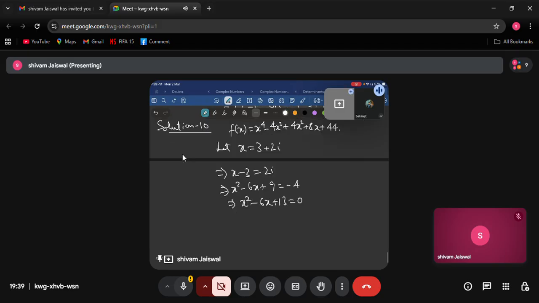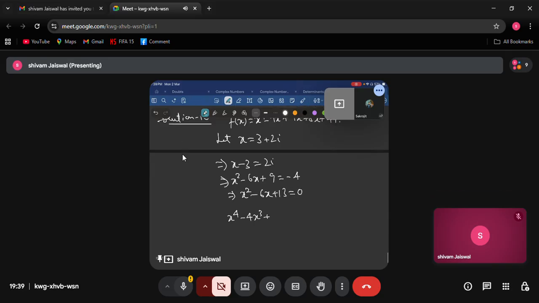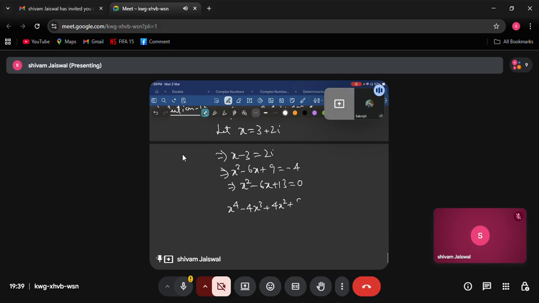After this, what you do is you divide x to the power 4 minus 4x cube plus 4x square plus 8x plus 44 by x square minus 6x plus 13. So from here, let us divide.